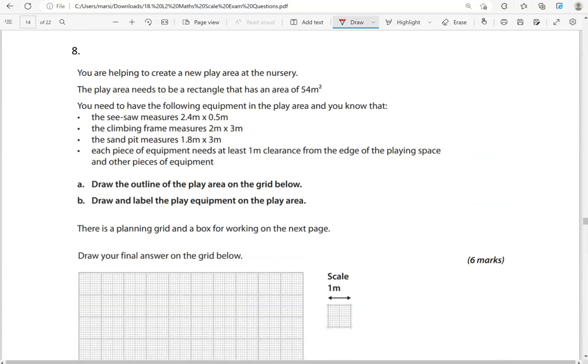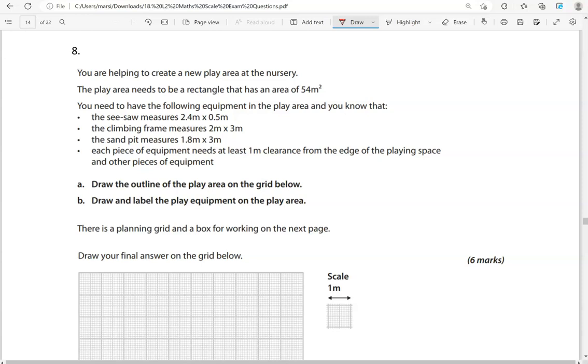You are helping to create a new play area at the nursery. The play area needs to be a rectangle that has an area of 54 square meters. You need to have the following equipment in the play area, and you know that the seesaw measures 2.4 meters by 0.5 meters. The climbing frame measures 2 meters by 3 meters.